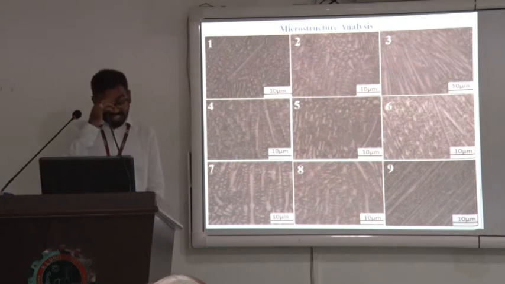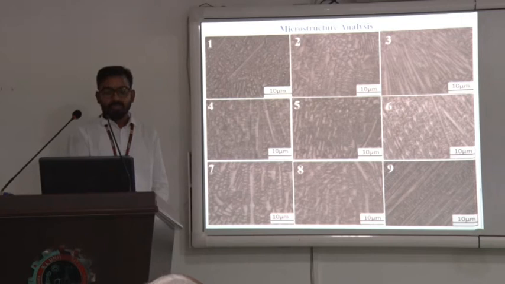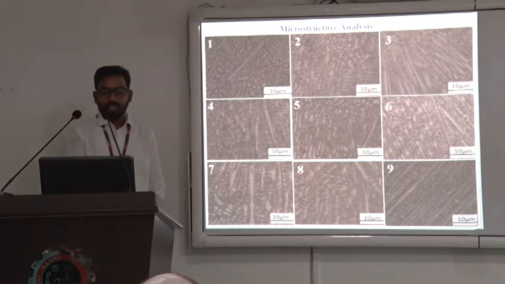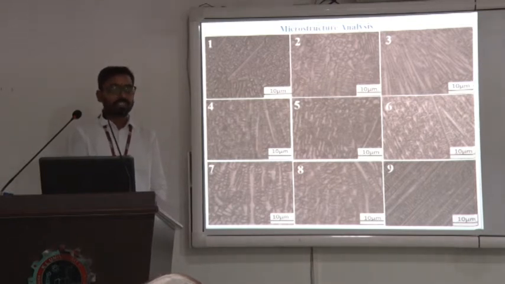This is the microstructure analysis. We can observe all the microstructures are similar, with primary dendrites and secondary dendrites projecting out of the primary dendrites. We measure the primary and secondary dendrites with an image tool, and we measured the grain size. Typically the primary dendrites are 40 to 50 microns long, and secondary dendrites are 4 to 5 microns.